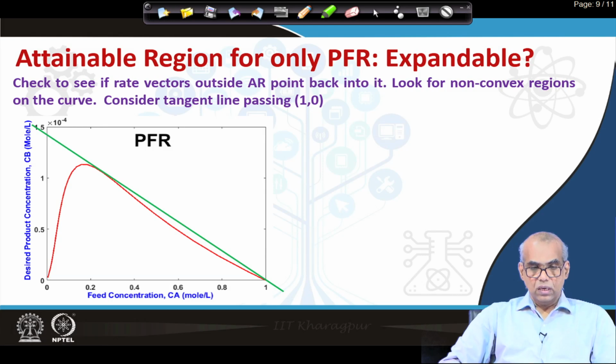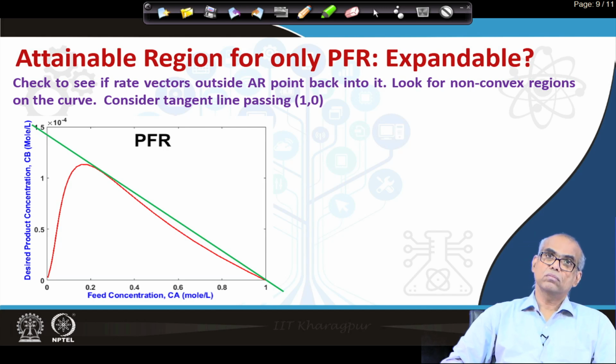Now, let us examine if rate vectors outside the attainable region point back to it. So, we look for non-convex regions on the curve that I have obtained for the plug flow reactor.